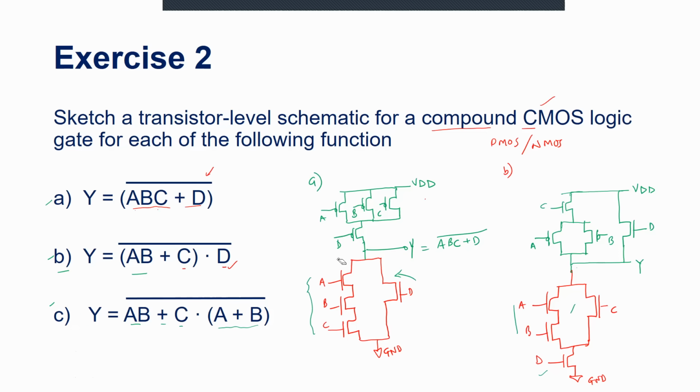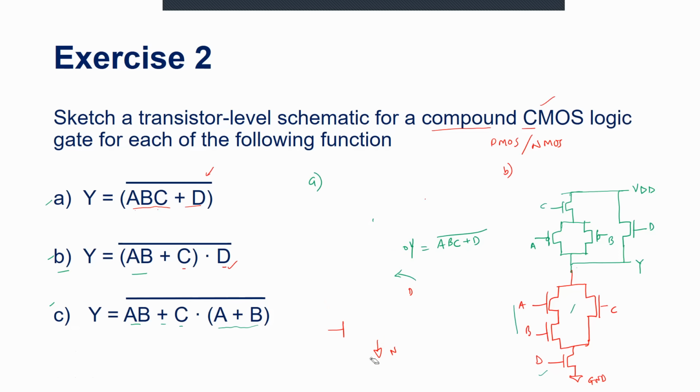Let's erase this part, for example, to draw the function over here. We are now drawing the network for the C part. So A and B are in series.